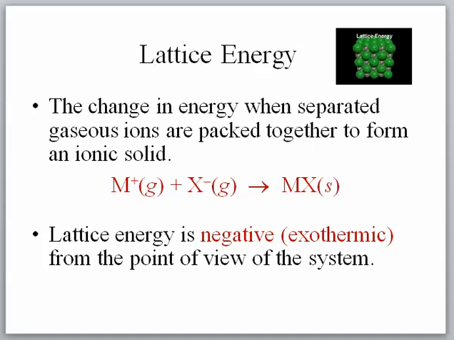It's the change in energy when your separated gaseous ions come together to form that stable ionic compound. And it is quite exothermic. It's the driving force for that reaction to occur. When we get into thermodynamics, we talk more about that lattice energy.